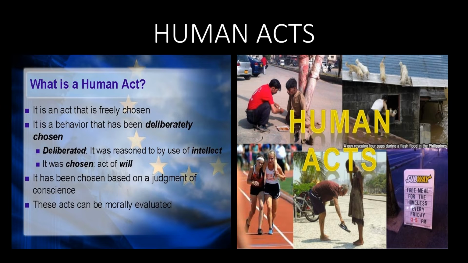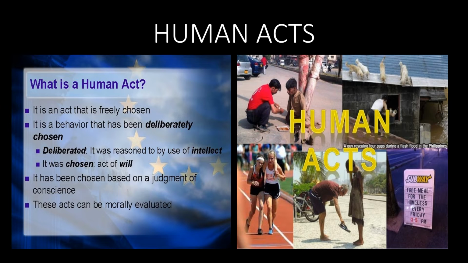Let us also define human acts. What is a human act? It is an act that is freely chosen. It is a behavior that has been deliberately chosen. So if we say deliberately chosen, it was reasoned by the use of our intellect. Like for example, before we act on something, we use our intellect.